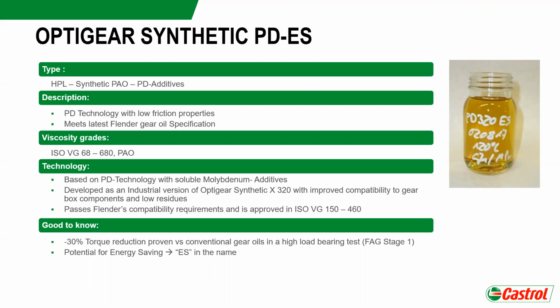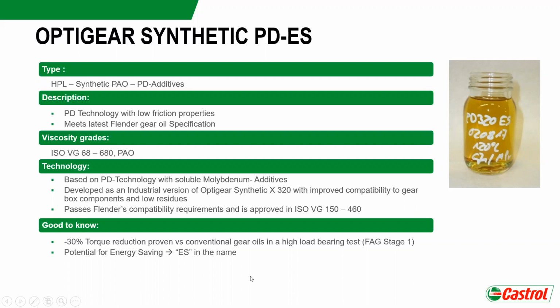The technology was developed really from our experience in the wind sector, with very stringent specifications and application requirements of that area. We've actually got up to 30% lower frictional torque compared to conventional or other lubricants, certainly potential for energy savings, which is where the name comes from, ES.